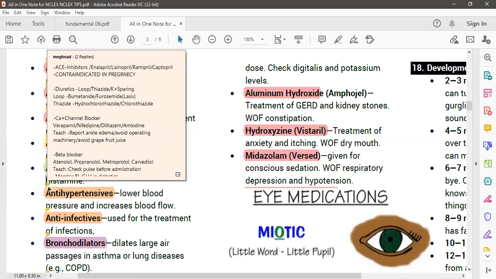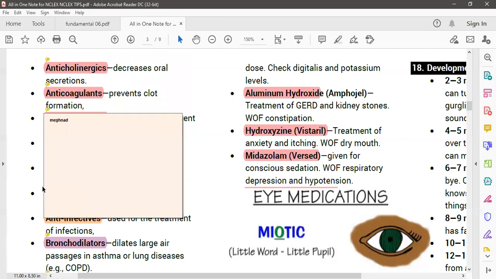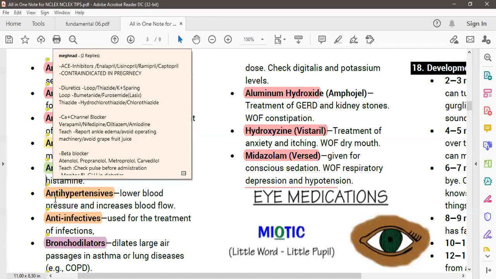Or severe cases, they can cause angioedema or Stevens-Johnson syndrome. Other groups of drugs here we use are called diuretics. Diuretics basically excrete or expel sodium and fluid from the body.